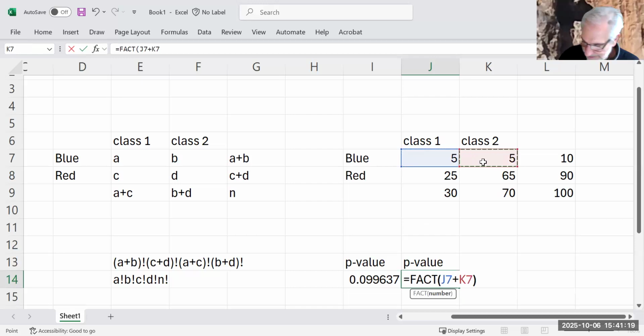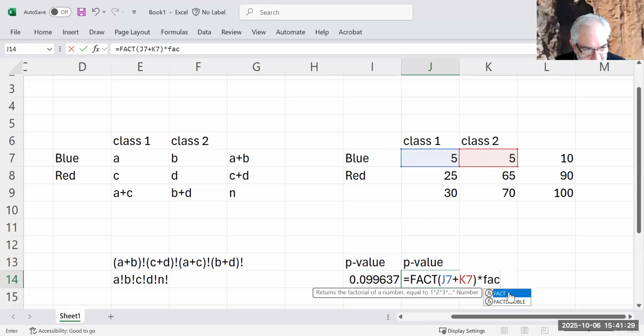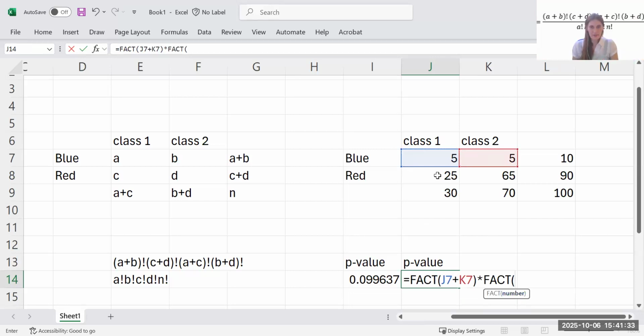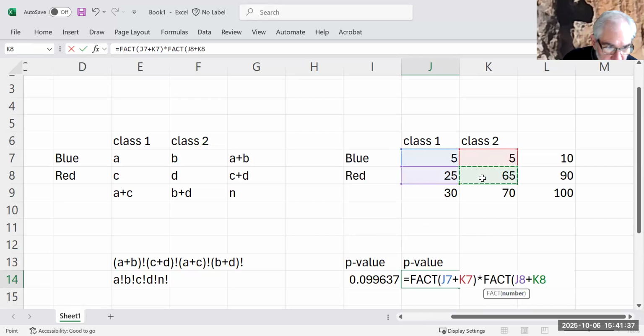Close that, times, open parenthesis, fact again, and that's C and D. So this one plus this one, close parenthesis, times.